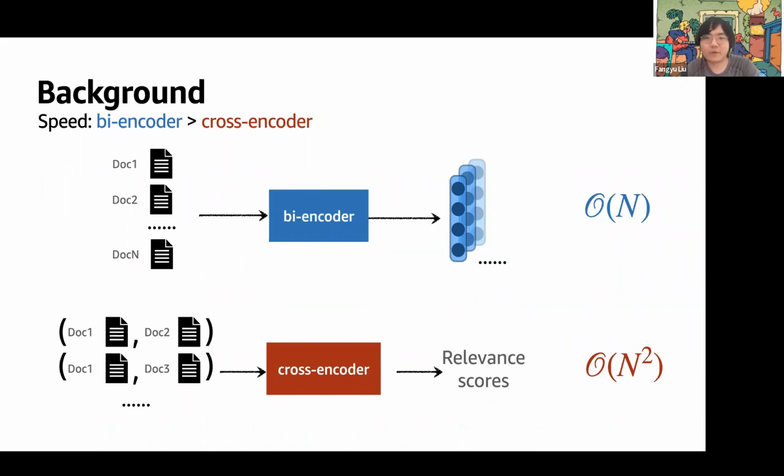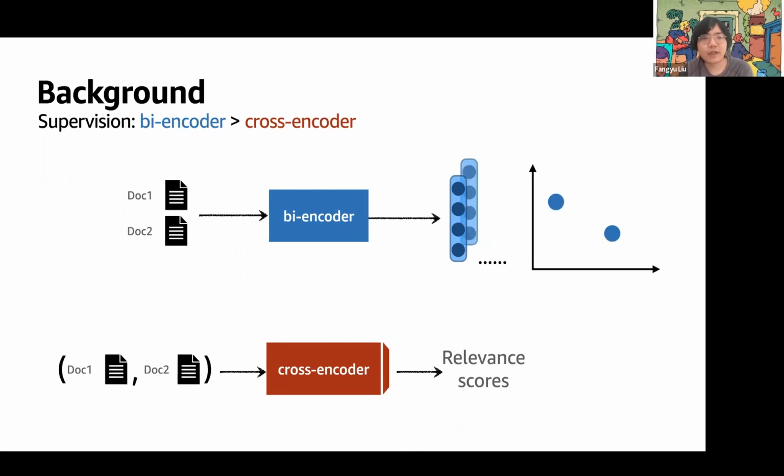If you want to perform tasks like clustering, this will be one order of larger complexity, which would be really bad for the cross-encoder architecture. And another benefit of bi-encoder is that it can be trained in a completely unsupervised way, as we introduced previous to this work.